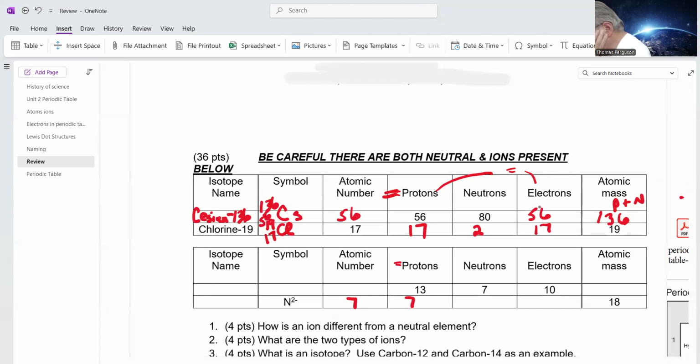Neutrons: we've got 18 for the atomic mass. That means there are 11 neutrons because 7 plus 11 is 18. And we have a -2 charge. That means there are 2 extra electrons over protons, so there are 9 electrons. And this would be nitrogen 18.